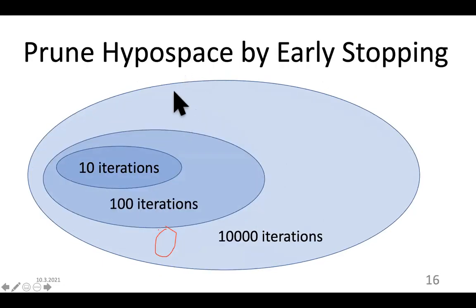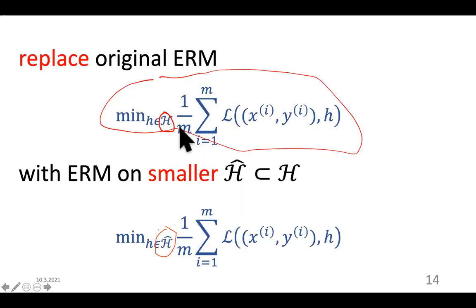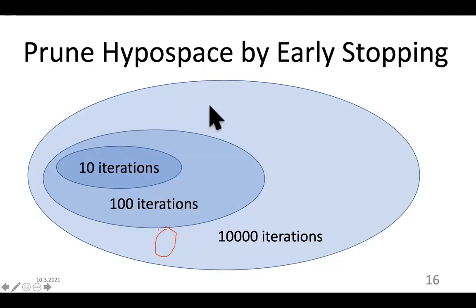Yet another example is called early stopping. This goes a bit beyond this course, and it's more relevant for deep learning. But the idea is that you make the search space smaller. When you solve this learning problem, machine learning algorithms search over this hypothesis space. And when you reduce this search space, you restrict your learning to a smaller subset. This is exactly what is done by early stopping.